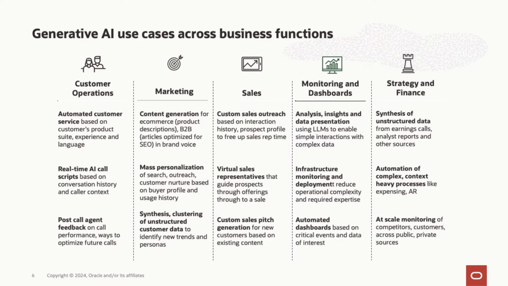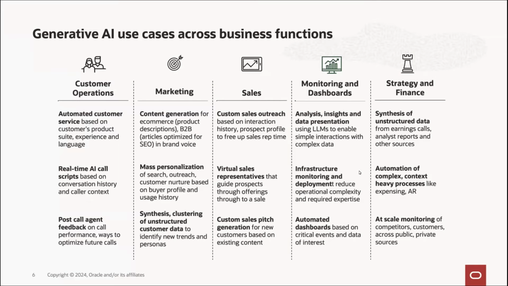The other thing that is very interesting for monitoring and dashboards is maybe the capability of generating dashboards based on critical events or critical data points, where you can get a dashboard automatically generated for you based on specific things that are of importance in your interactions. Okay, so this is all I wanted to say related to this.